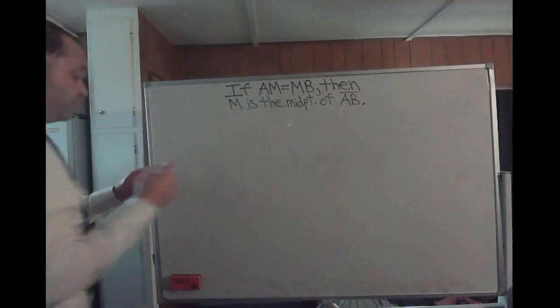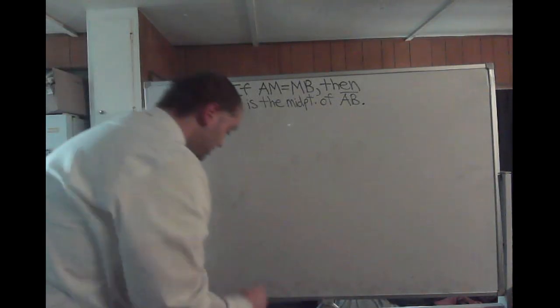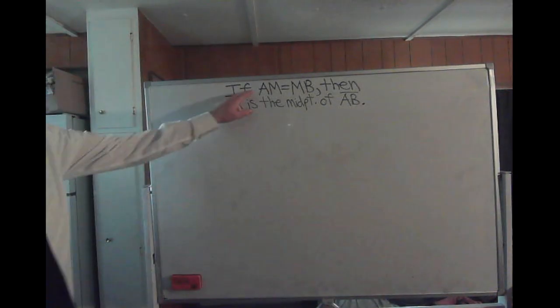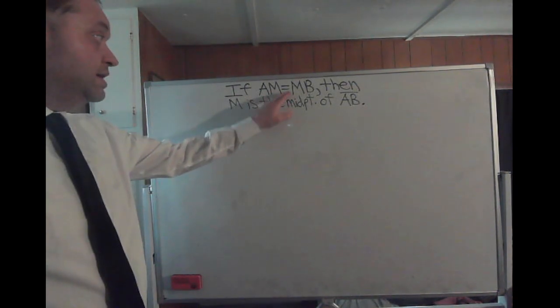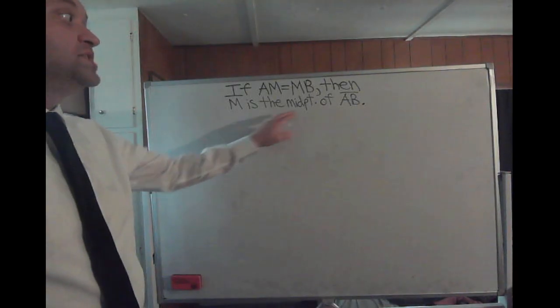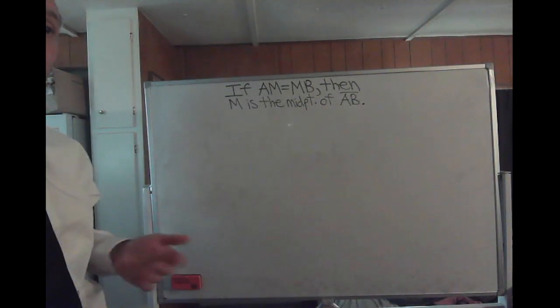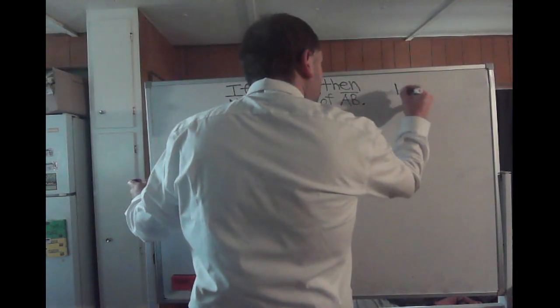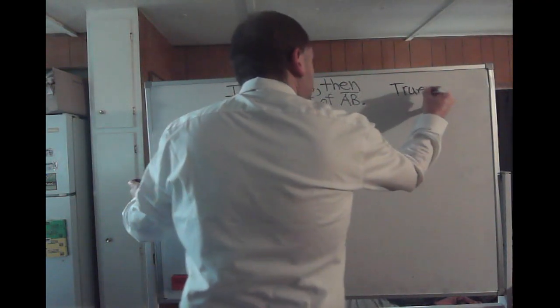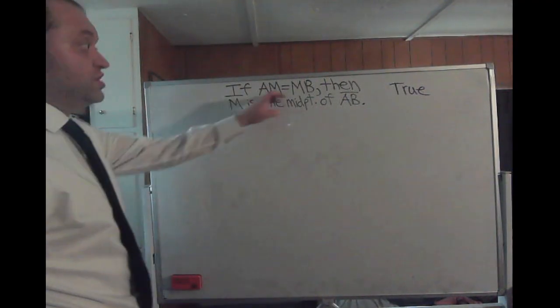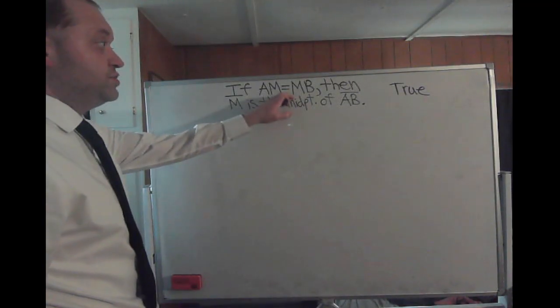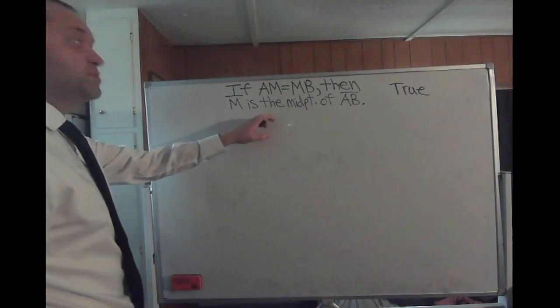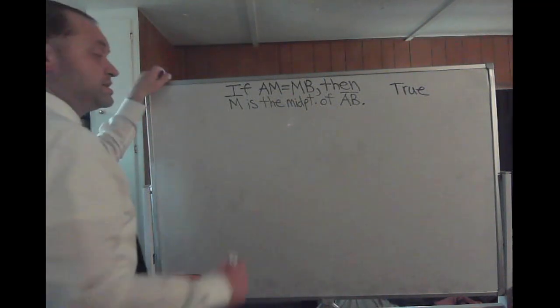So here's the original statement. This is just the original here. If AM equals MB, then M is the midpoint of segment AB. Would that be true or false? That would absolutely be true, because, by the definition of midpoint, you have two congruent segments, so this would absolutely be a true statement.